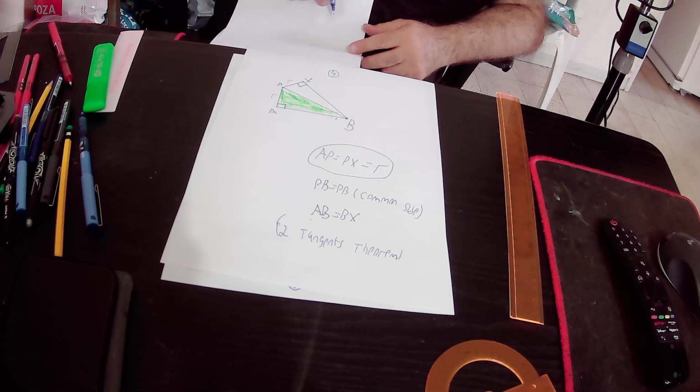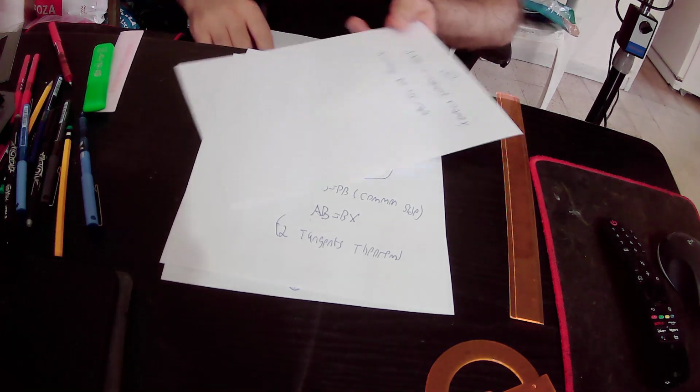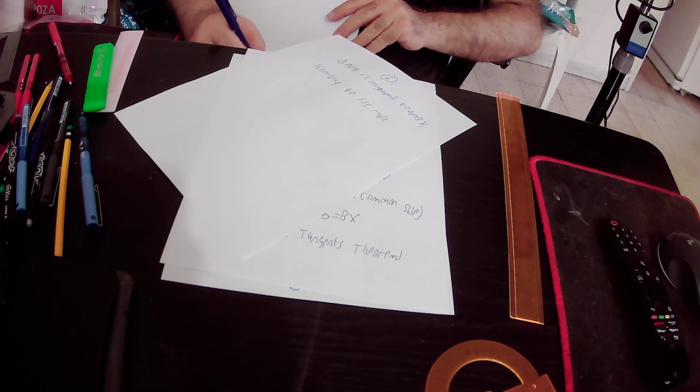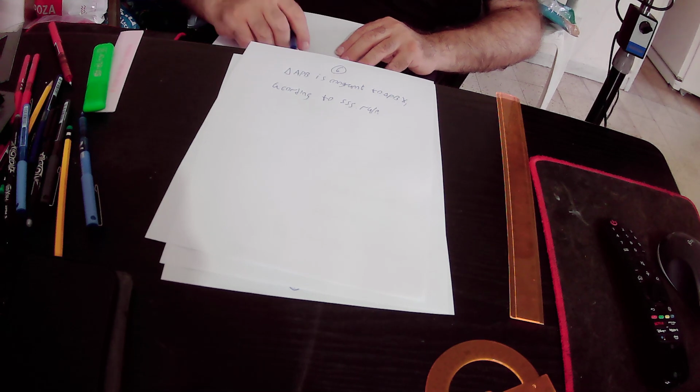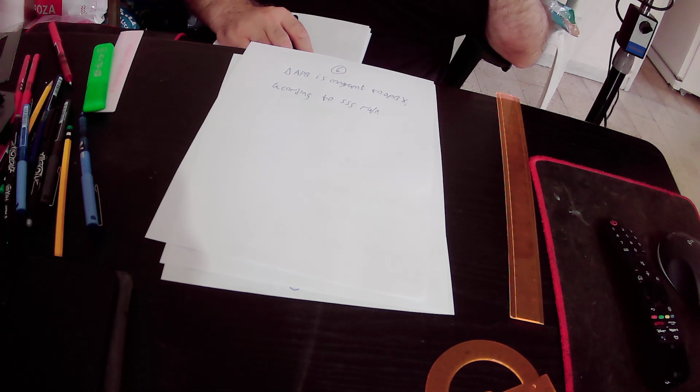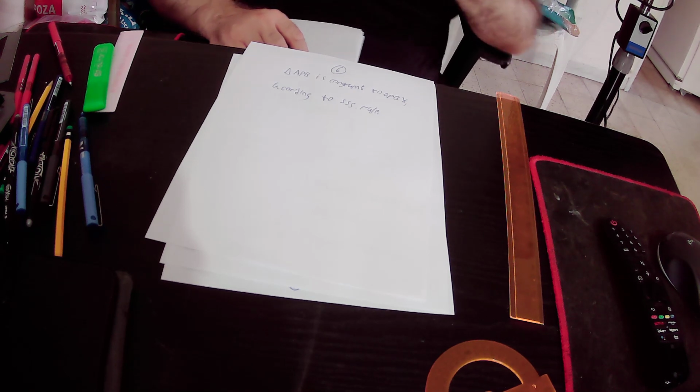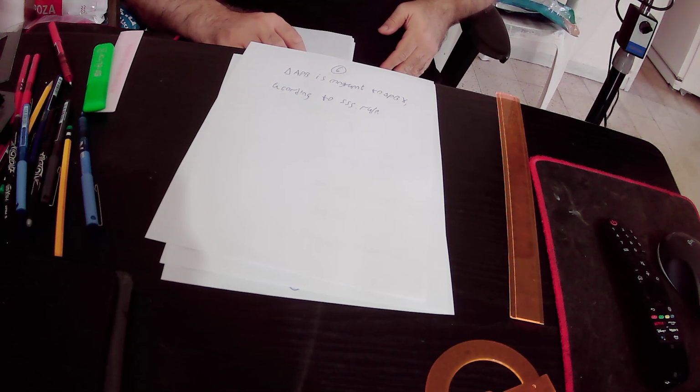I will read again the things that I wrote. So triangle APB is congruent to triangle PBX according to the side rule. What is the side rule? The side rule states that if you prove that all the sides of one triangle are congruent to all the sides of another triangle, then those two triangles are congruent to each other.